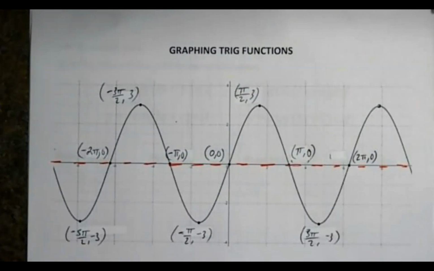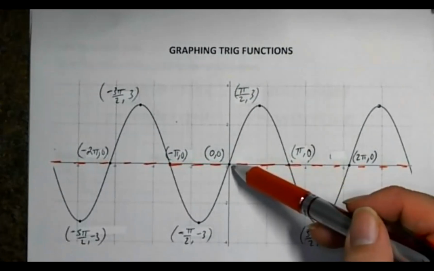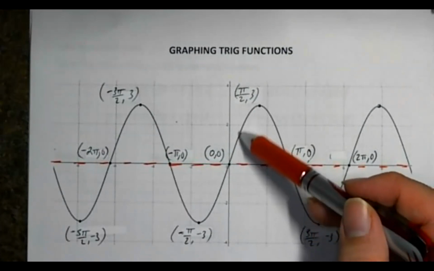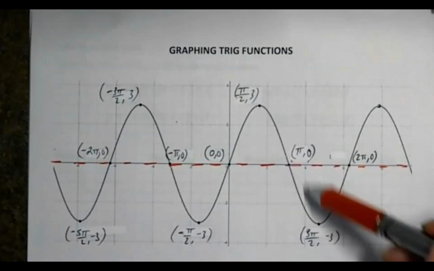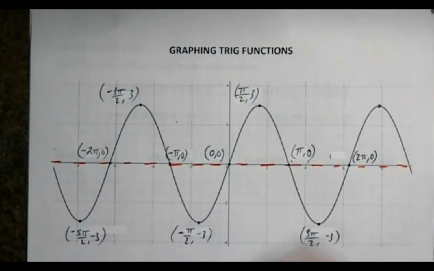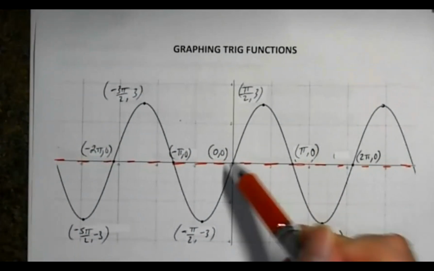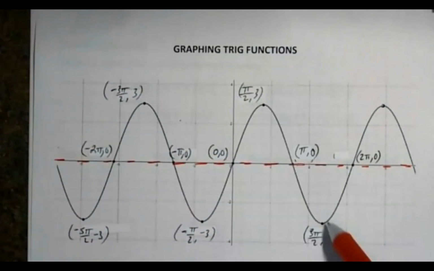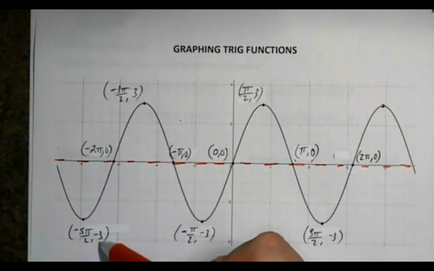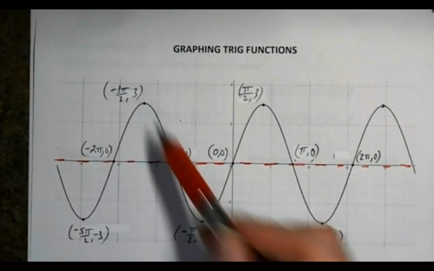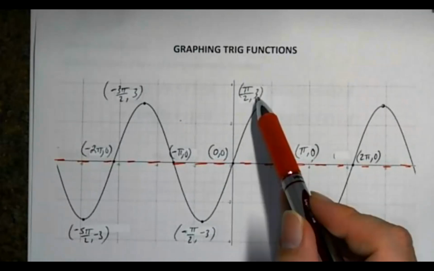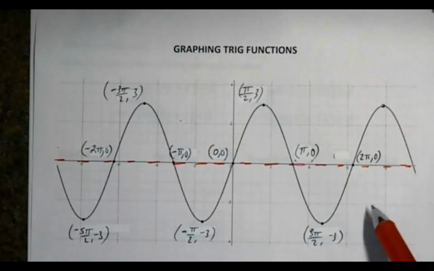The midline is where everything starts, and it goes up to a maximum of 3, down to a minimum of -3, because our amplitude for this particular problem is 3. It tells me to go up to a maximum of 3 and down to a minimum of -3 every single time, back to 3, back to -3, and so forth.